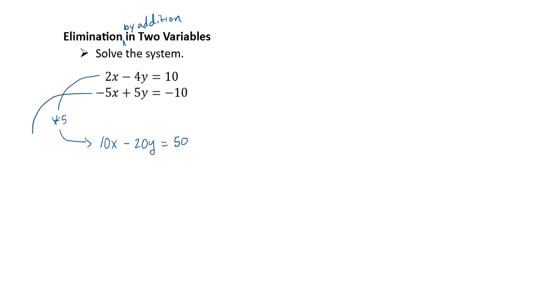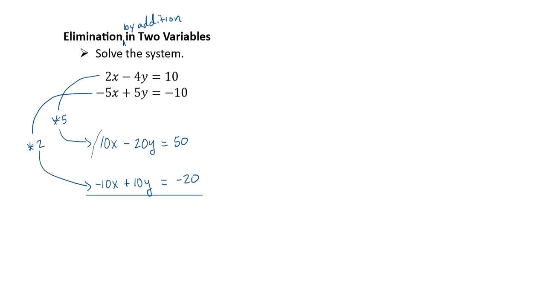This equation I will multiply by 2, and this gives me a negative 10x plus 10y equals negative 20. What I want to do is add these 2 equations together.